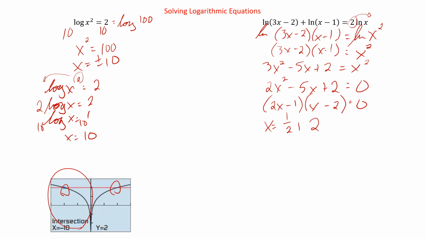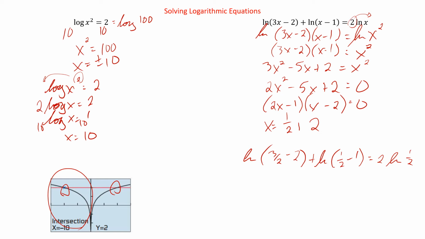Now we have to be careful here because we need to put these into each of the original equations. So if we put the 1/2 in, we get natural log of 3/2 minus 2 plus natural log of 1/2 minus 1 equals 2 times natural log of 1/2. 3/2 minus 2 is negative 1/2. 1/2 minus 1 is negative 1/2.